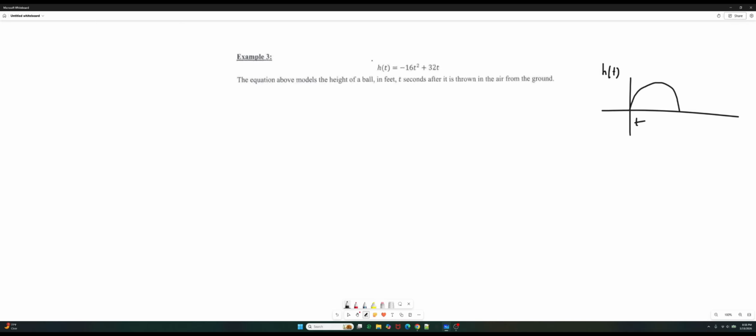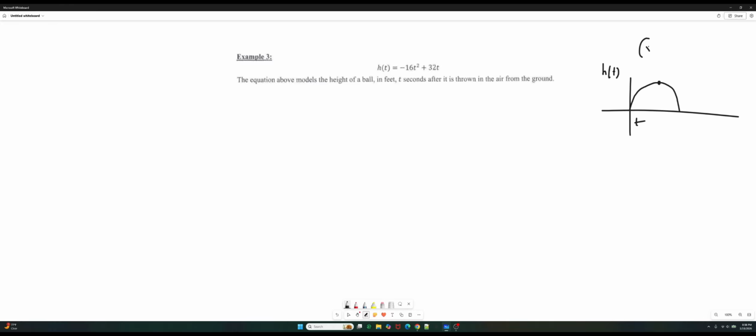So this is really important because these are like real world application questions. So if it asks you for the time at which the ball is at its maximum height, that would be the x coordinate of the vertex.